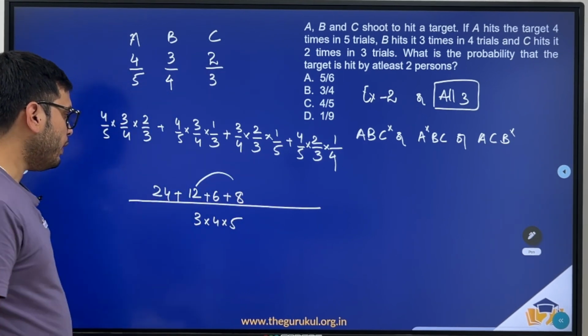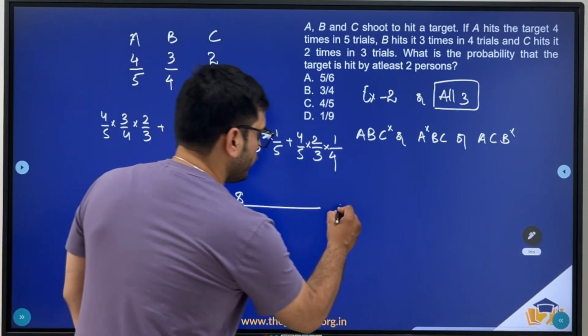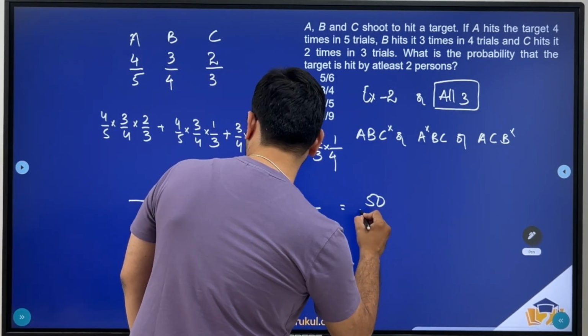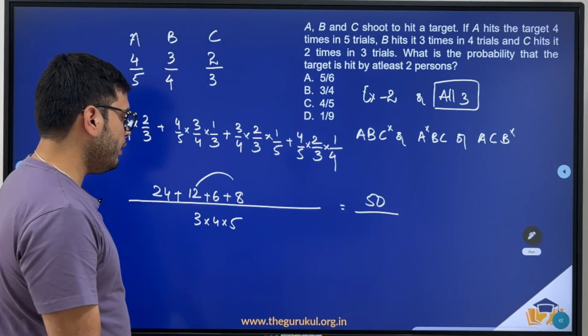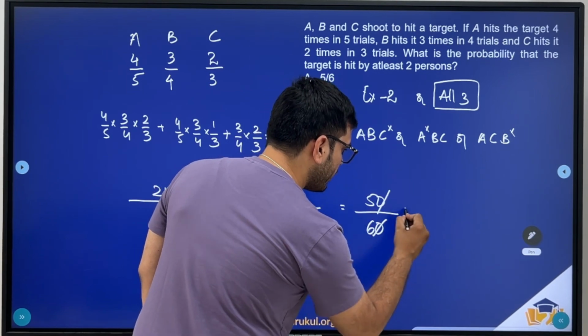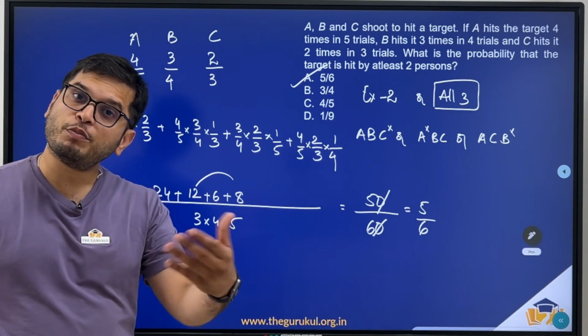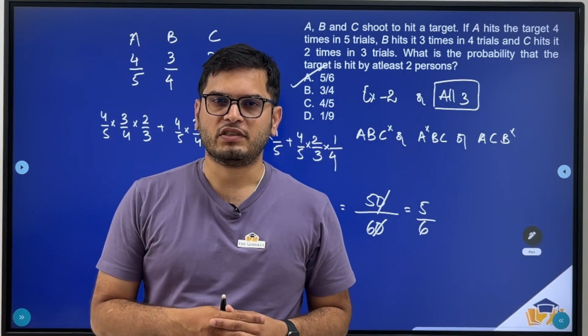So 8 plus 12, 20, 20 plus 30, 50. So this is 50 by 3 into 4 into 5, 12, 12 into 5, 60. So I can cancel these two. The answer for this question should be 5 by 6. Hence option A should be the answer to this question.